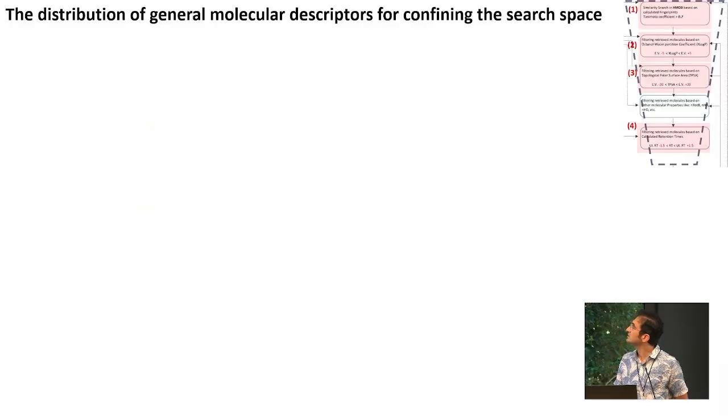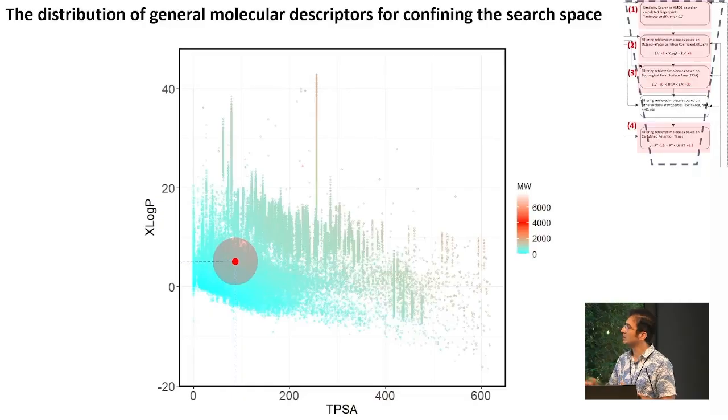And after searching inside HMDB, we realized that we still have a large number of candidates. So we needed to reduce the number of candidates. So here it shows the whole space of the Human Metabolome Database by using two representative physical properties, topological surface area, TPSA, and log-P.